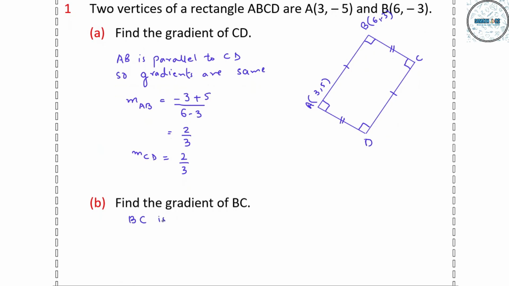BC is perpendicular to AB. So their gradients are negative reciprocal to each other.